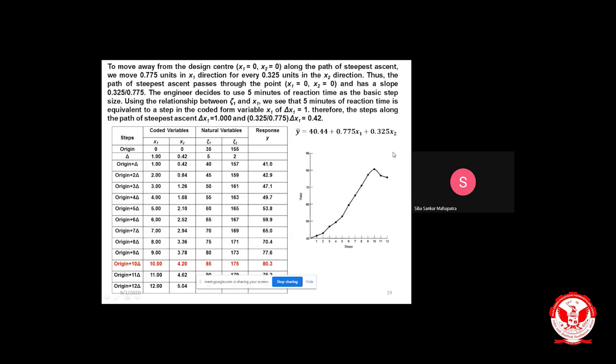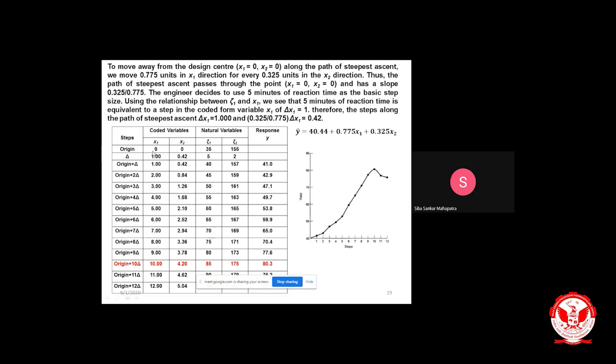Now we can take the linear model and go on checking further points. If we move 0.775 distance in the x1 direction, we have to move 0.325 distance in the x2 direction, right?